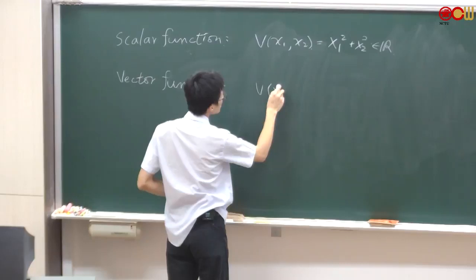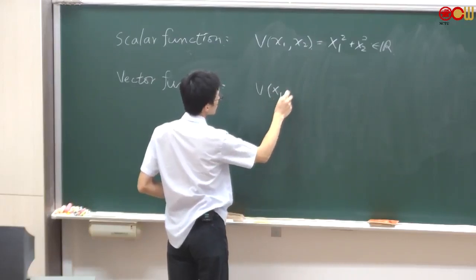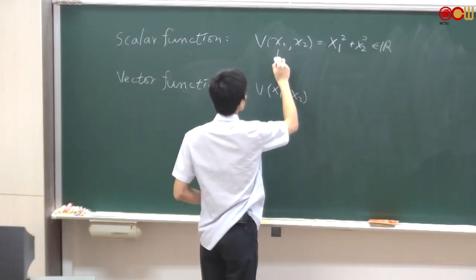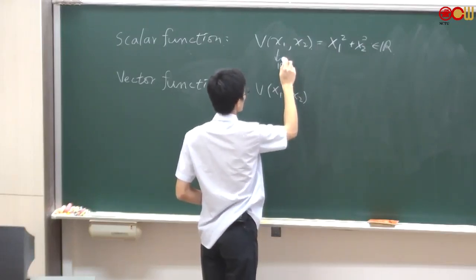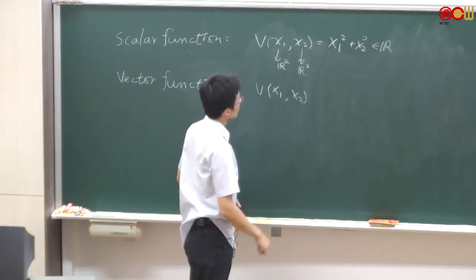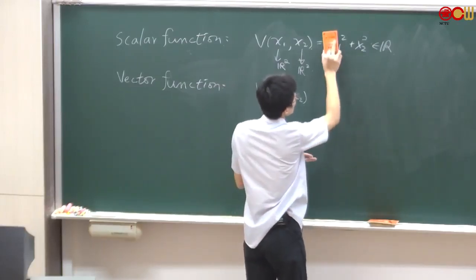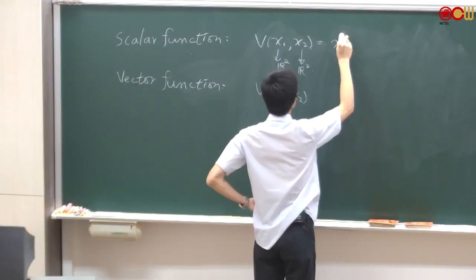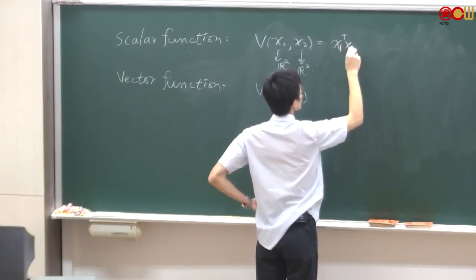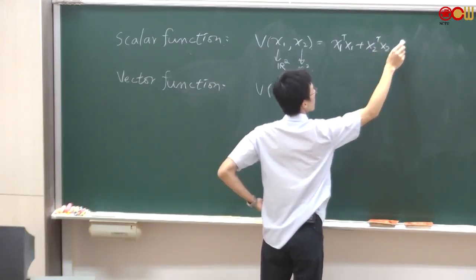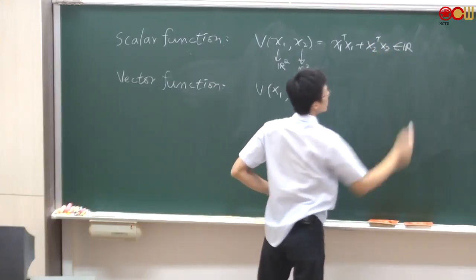For a vector function, say this is a vector. Okay, this is a 2x1 column, sorry. X1 transpose X1, which is a scalar, right?